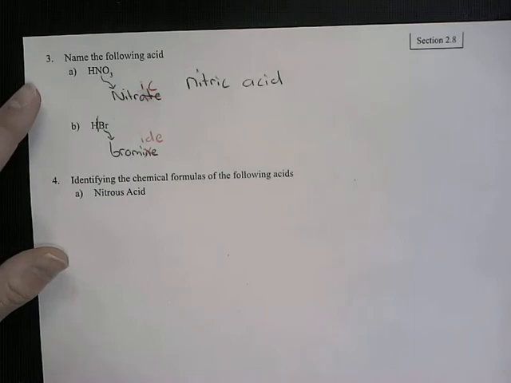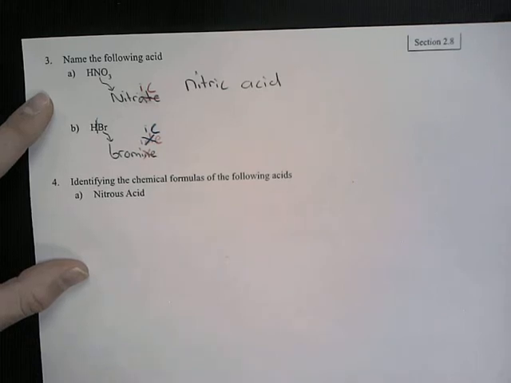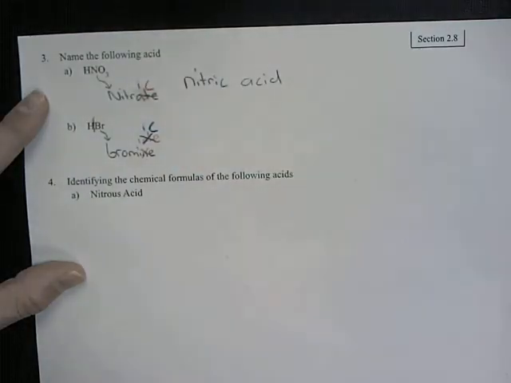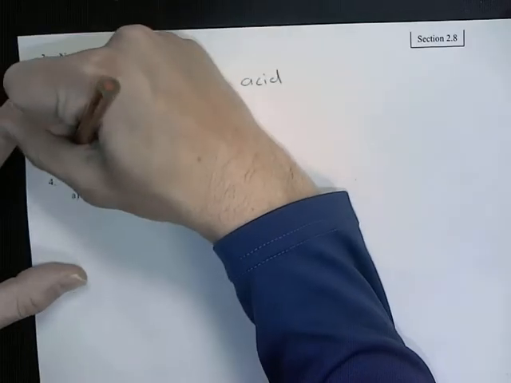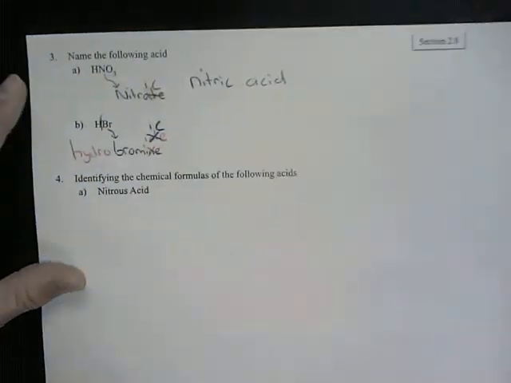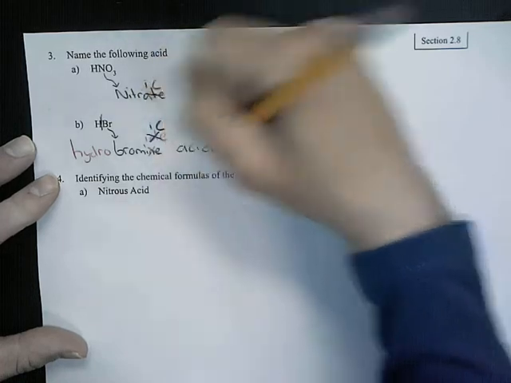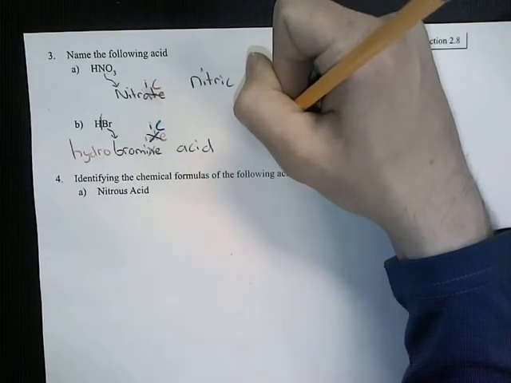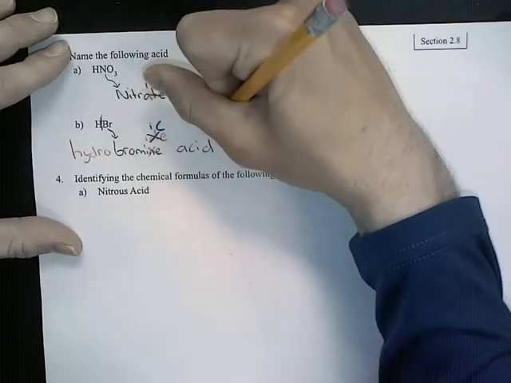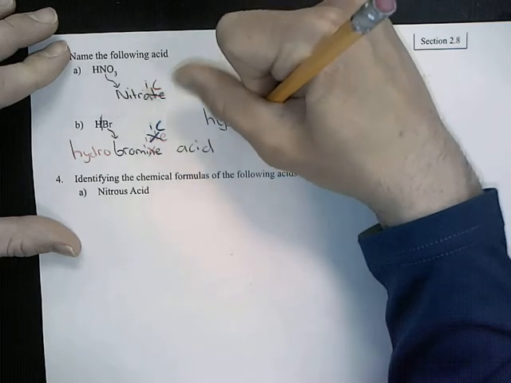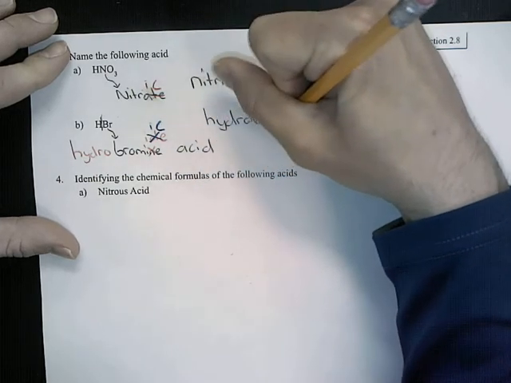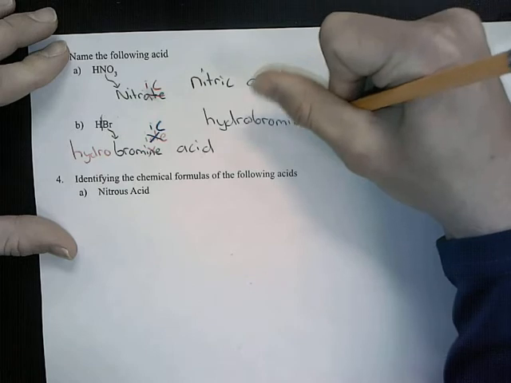Now, from our rules, bromide changes to bromic, and you add the word hydro in front, and then you add acid. So HBr would be hydrobromic acid.